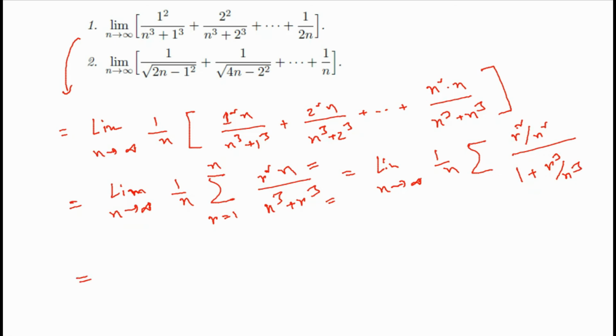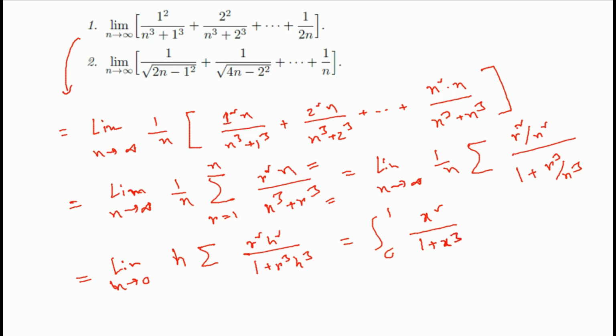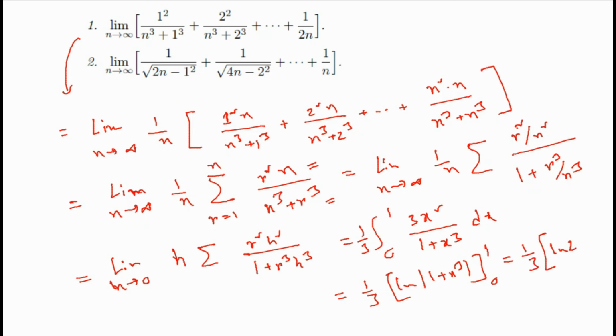If we put 1 by n equal to h, then limit h tends to 0, h summation r square h square by 1 plus r cube h cube equals integration 0 to 1 x square by 1 plus x cube dx, and just write it as 3x square, 1 by 3, then 1 by 3 ln of 1 plus x cube from 0 to 1, and we will get ln 2.